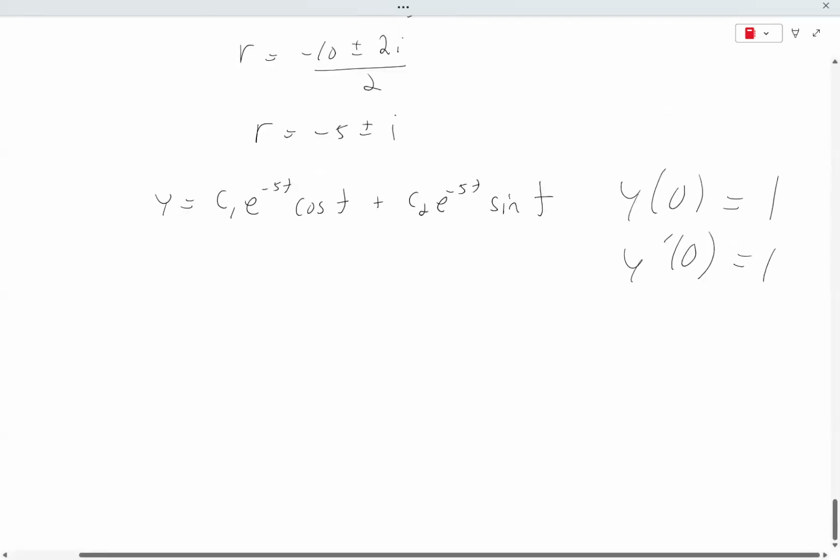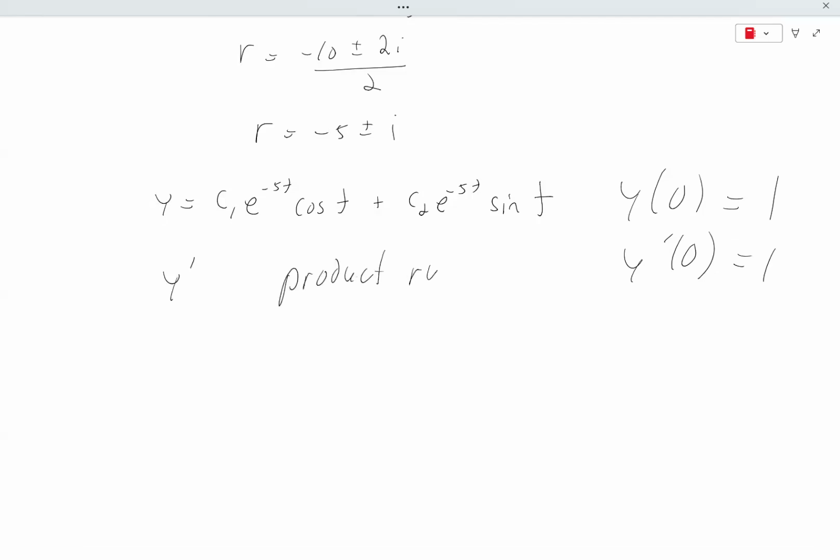A bit of a mess though, because you have to take the derivative. Okay, product rule. I'm not going to go through this, but you use the product rule there. It may not be on the test quite like this, but you have to use the product rule. Then you can fill in your conditions here, and things would cancel out. You get the c1 and c2 then.